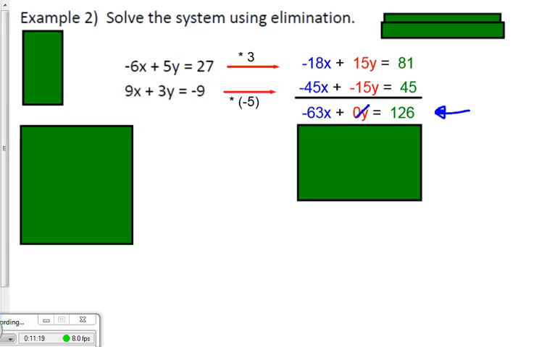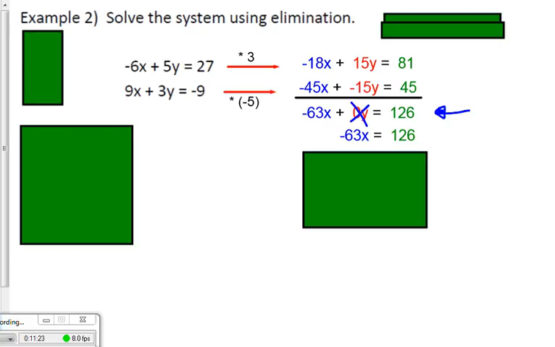This means we don't really need our y value anymore. So it's just negative 63 times x equals 126. To get rid of that negative 63, we're dividing both sides by negative 63.